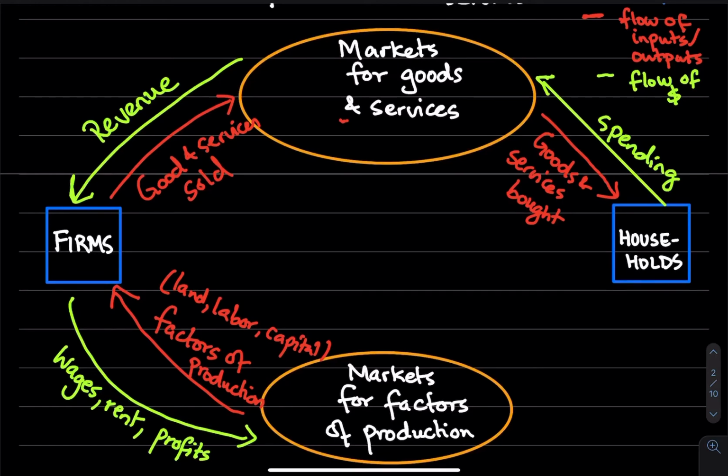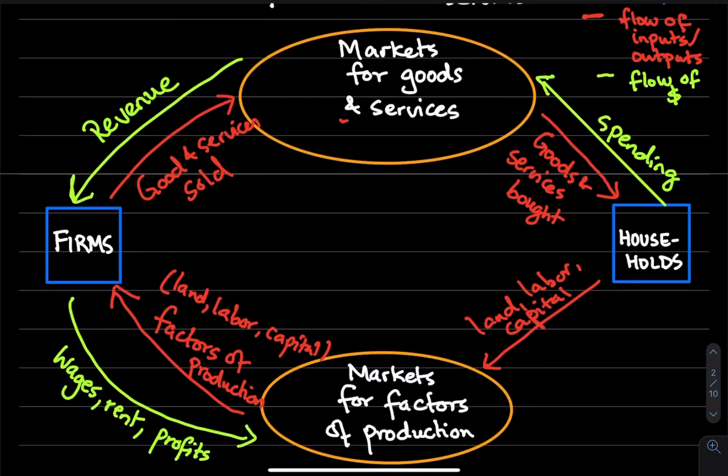Okay, and what's going on in this market for factors of production? In this market, firms and households are interacting again. Okay, households are actually selling their factors of production, so they are the ones that are actually supplying the land, labor, capital.